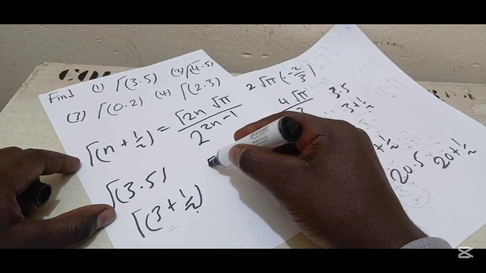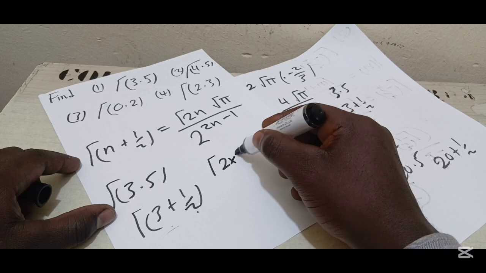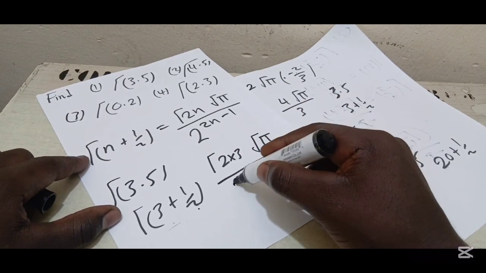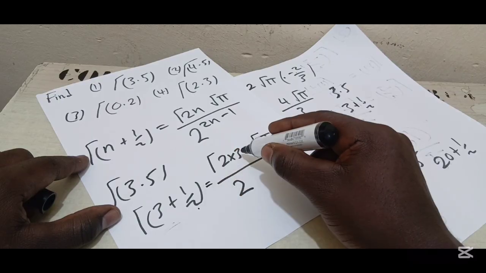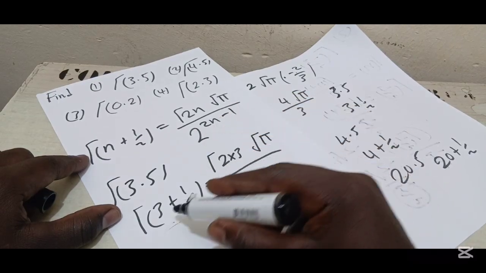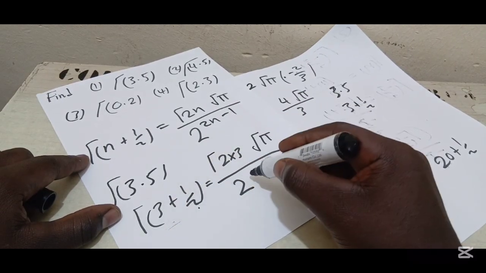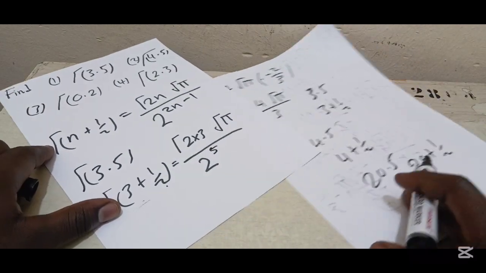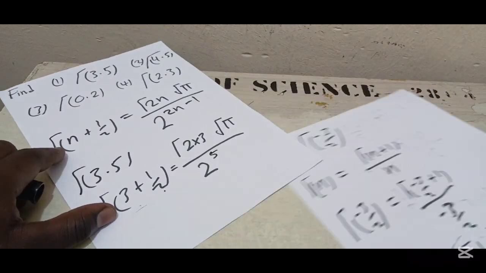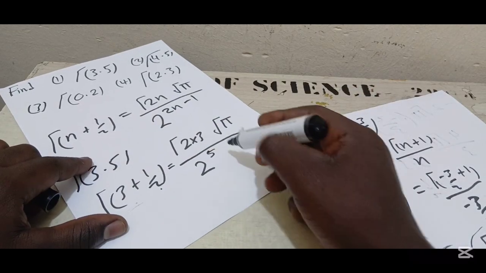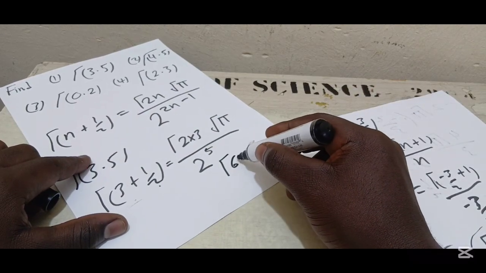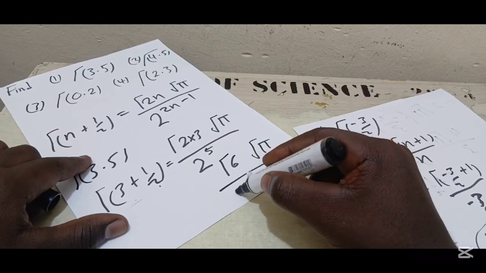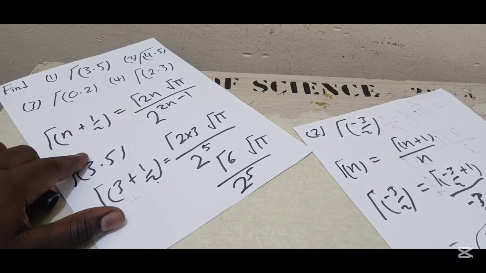You are going to get gamma 2 by 3 and square root of pi all on 2 raised to the power 2n minus 1. Our n here is 3. So 2 by 3 will give us 6, minus 1 will give us 5. So simplifying this further is going to give us gamma 6 root pi all on 2 to the power 5.